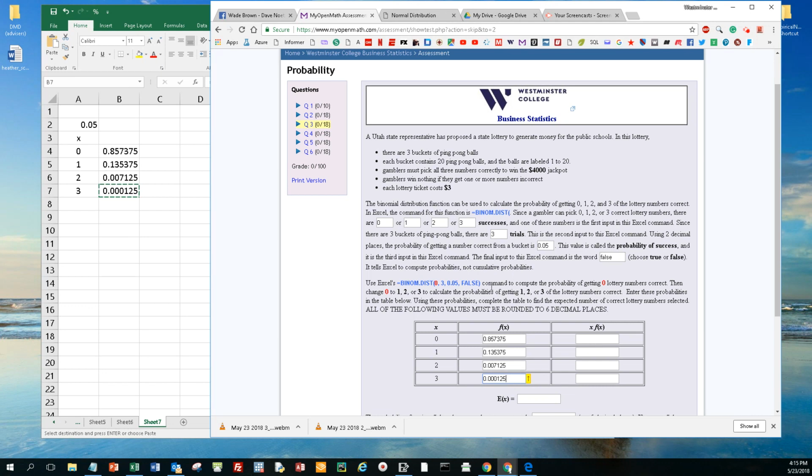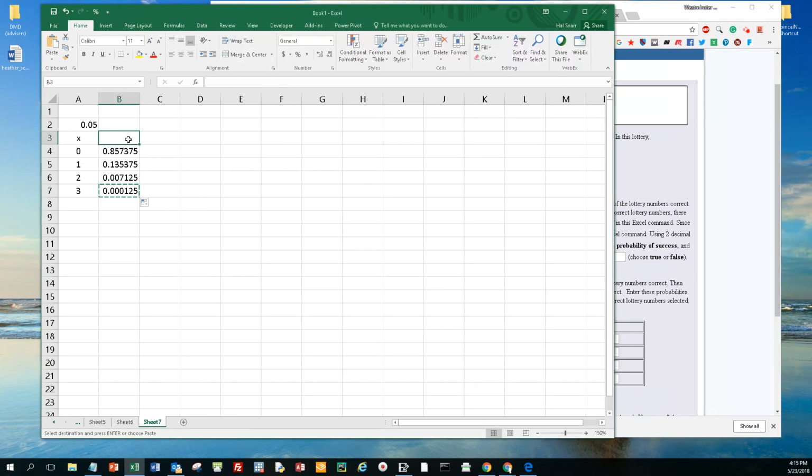Okay, now we're going to calculate the mean. So this is our probability, or f of x. To calculate the mean, we need to take each of these values, 0, 1, 2, 3, and multiply them by their corresponding probability. The first one's pretty easy, and we do that for all 4 outcomes.